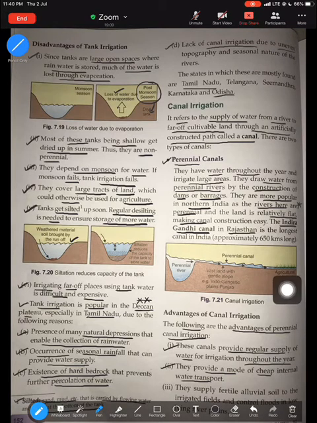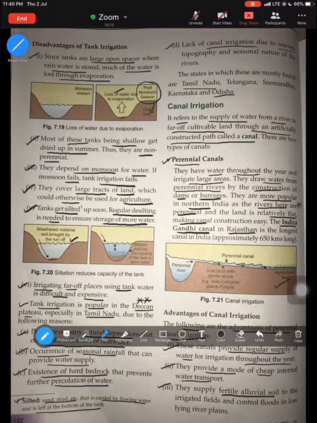Because it can cover a larger area, it becomes cheaper to transport water to the surrounding area. Third, they supply fertile alluvial soil to the irrigated fields and control floods in low-lying river plains, because you are extracting water directly from the rivers, which can contain a lot of fertile alluvium. That can be provided to the crops, which can yield better crops.